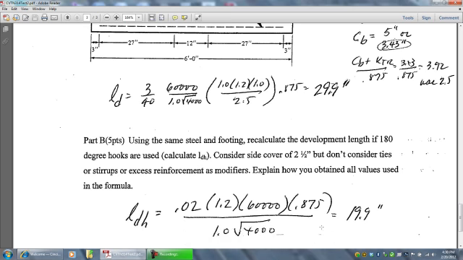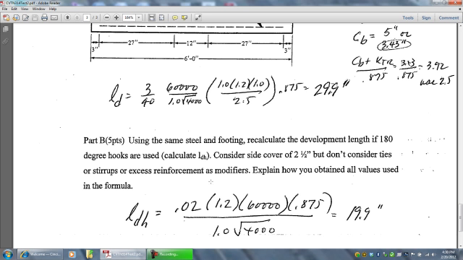Okay? Part B says, do the same problem. It's just that you're working with a hook now. I do have the epoxy coated. I don't have any lightweight concrete. So I just run my formula out and it comes up to 19.9. There are those 4 modifiers, A, B, C, and D. This says consider side cover of 2.5, but don't consider ties or stirrups or excess reinforcement.